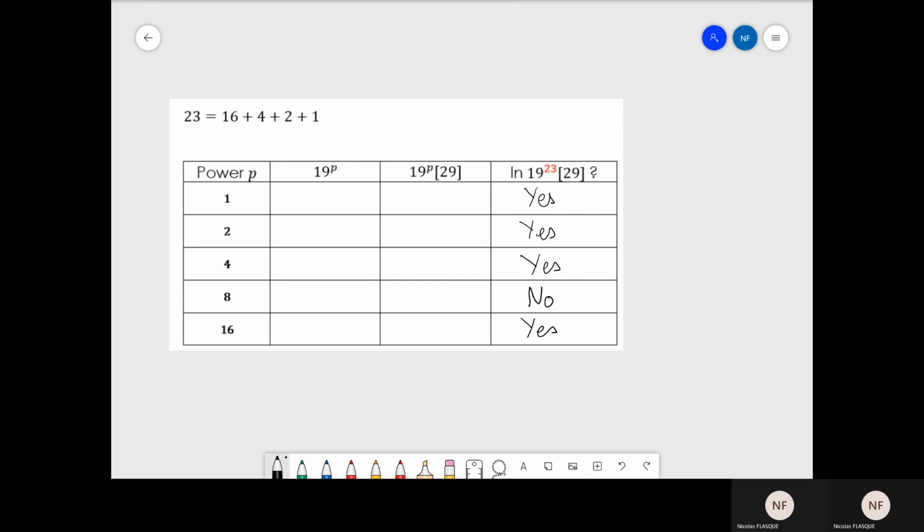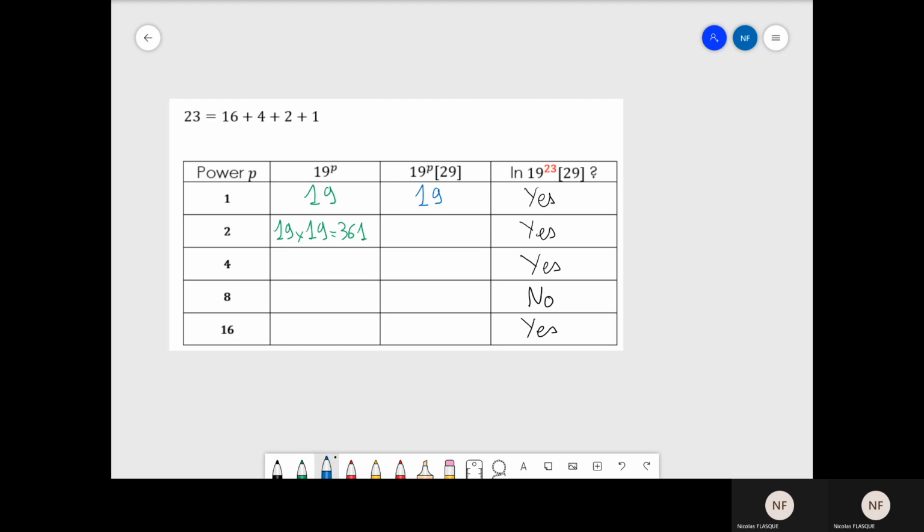And now let's just do some calculations. So 19 to the power of 1 is 19. Modulo 29 is still 19. 19 squared is 19 times 19, which is equal to 361.